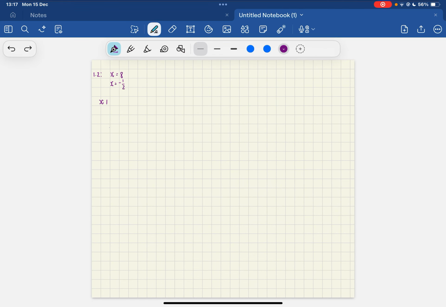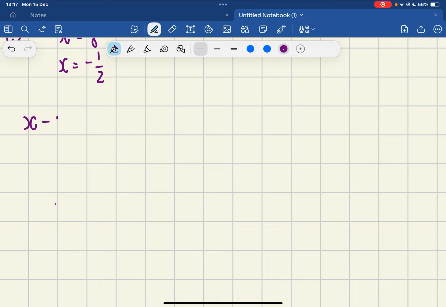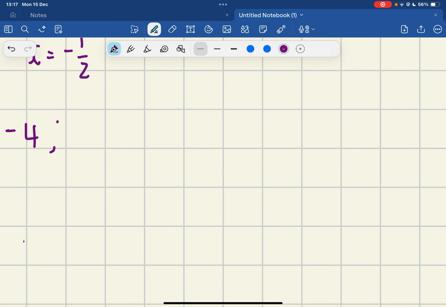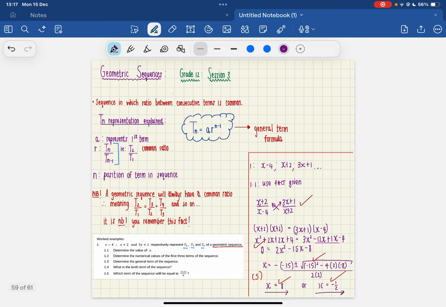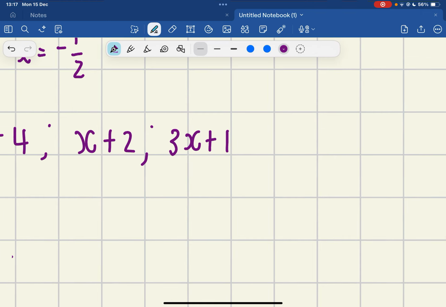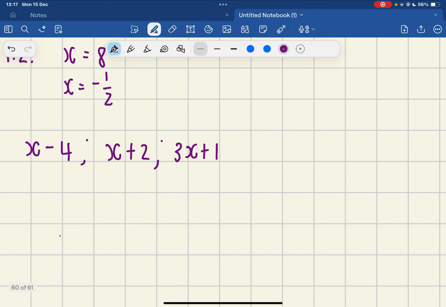Okay, let's go back to the sequence. Our original sequence was given to us as such. Just quickly rewriting it, boys and girls. X minus 4, x plus 2 and 3x plus 1.